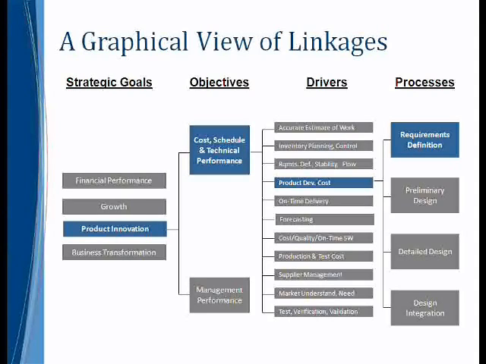And they knew that there was a business driver around their product development costs, and then they had a process within product development called requirements definition. And this is how they had flowed out from the specific process of whether it's requirements definition, preliminary design, detailed design, or design integration, how that linked back up and how that helped them define what product innovation meant.